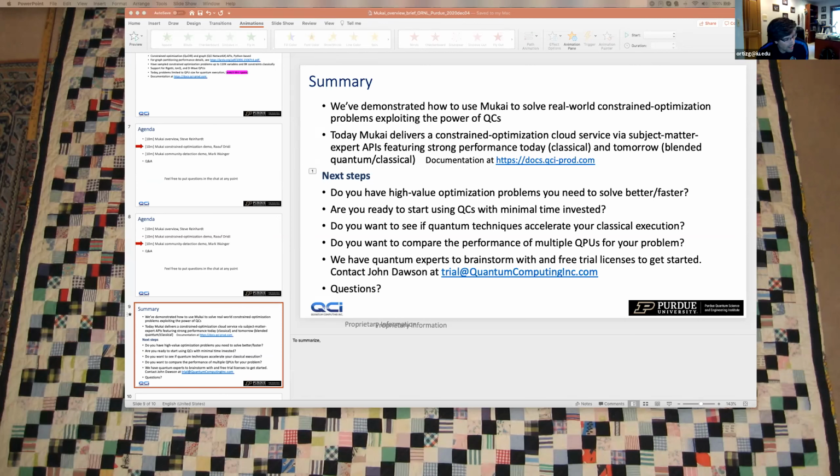So I had some questions about the algorithms themselves. Okay, so you are saying that in principle, you have some sort of platform where you can use either a classical computer or different quantum computers.